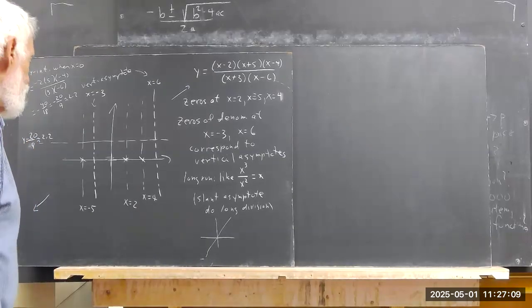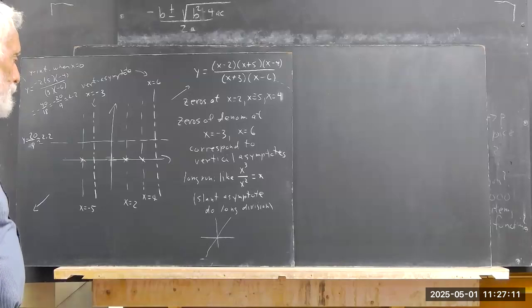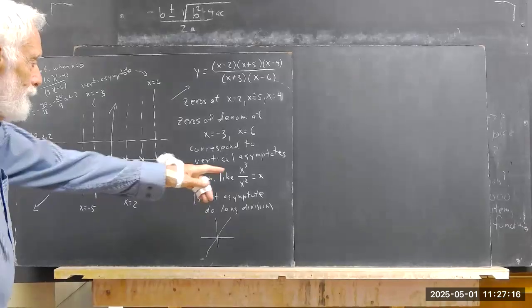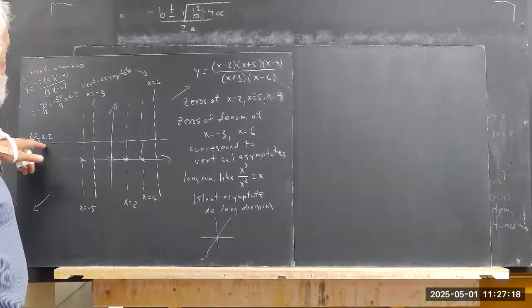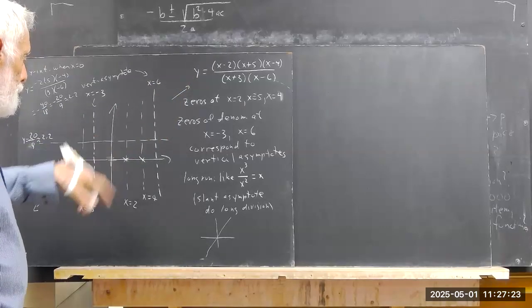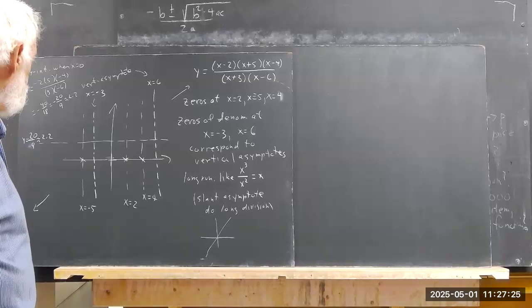And this tells us that the slant asymptote might well be x plus 2.2. It's the 45-degree line through here. Okay.